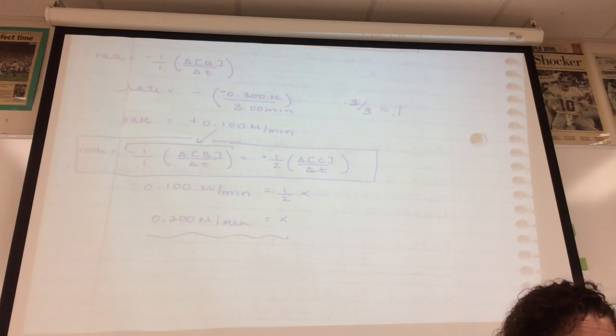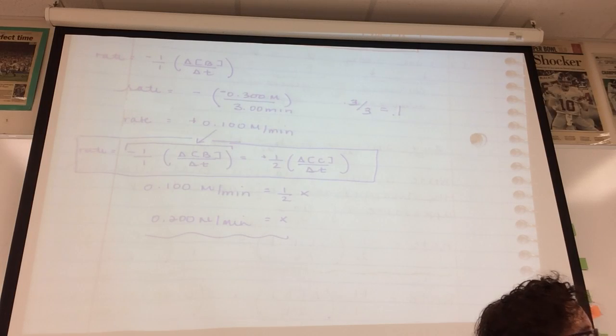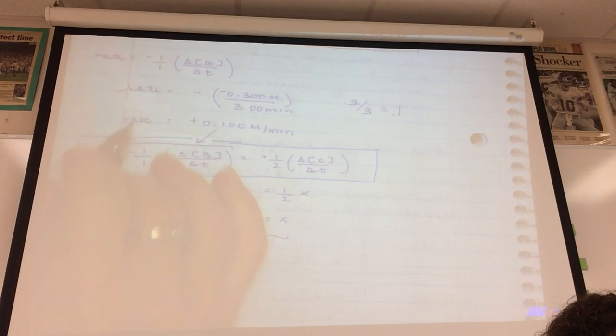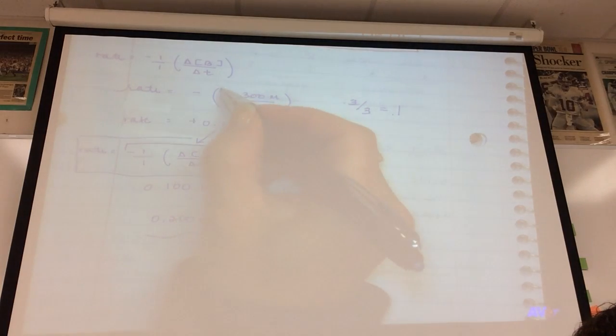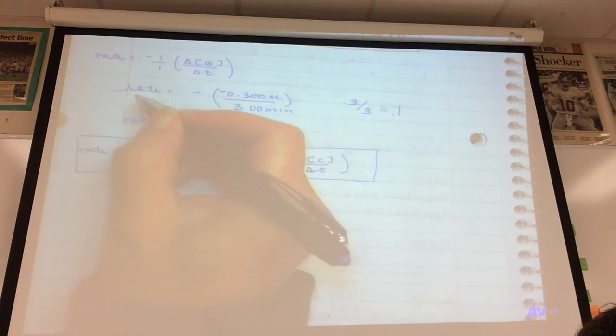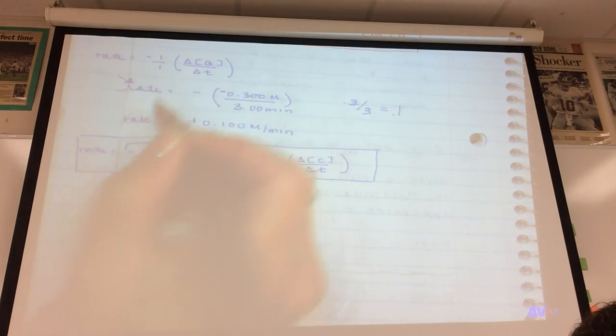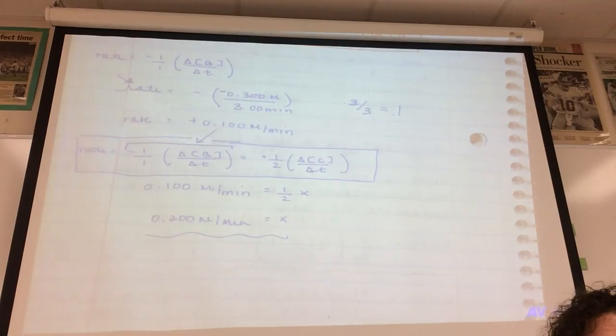I'll tell you what I initially had. I know what you're thinking. Rates of disappearance are negative, but rates overall are positive.